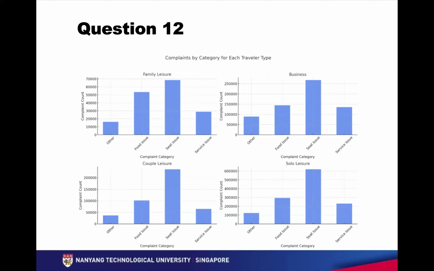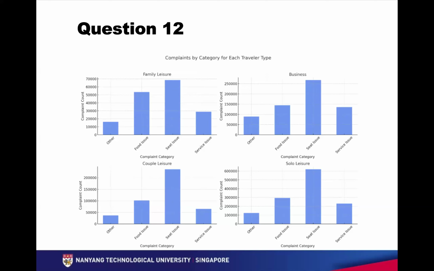So maybe business travelers often fly for meetings and conferences, so they weigh more on smooth, efficient service from the airline. As a result, we can suggest the airlines offer more personalized service, for example, quick check-in or priority boarding or other services.